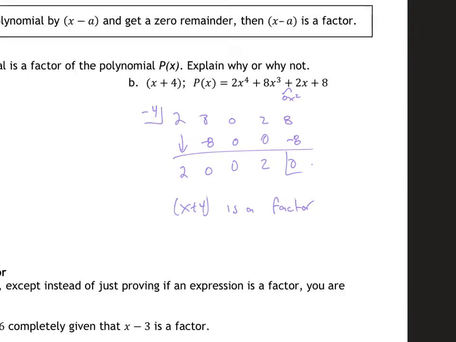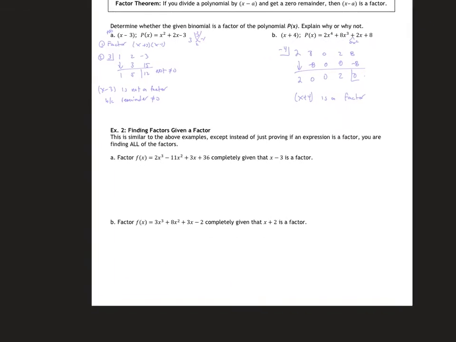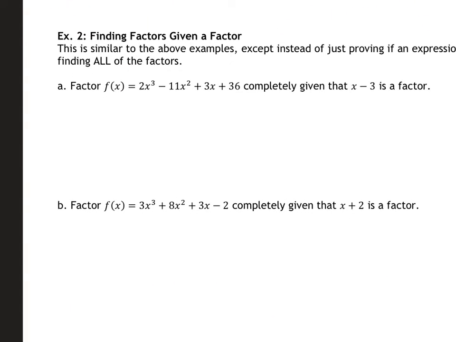So now let's take this a step further. Let's find all the factors. So I want to factor this completely, given that x minus 3 is a factor, so I should get a remainder of 0. So let's check it. So 3, I got 2, I got -11, and I got 3, and I got 36. I'm not missing anything. So let's bring it down. 2 times 3 is 6. Add, you get -5. Times 3 is -15.